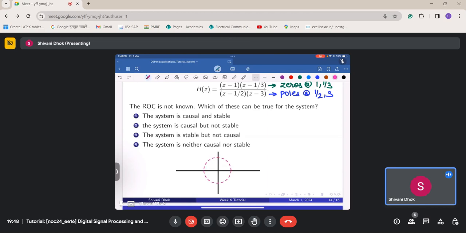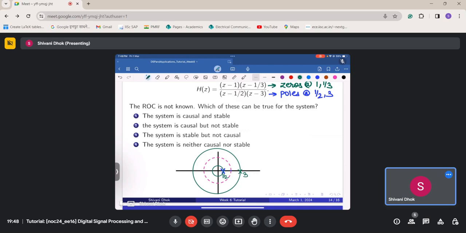I have a pole at half here, and a pole at 3, which is out of scale here.